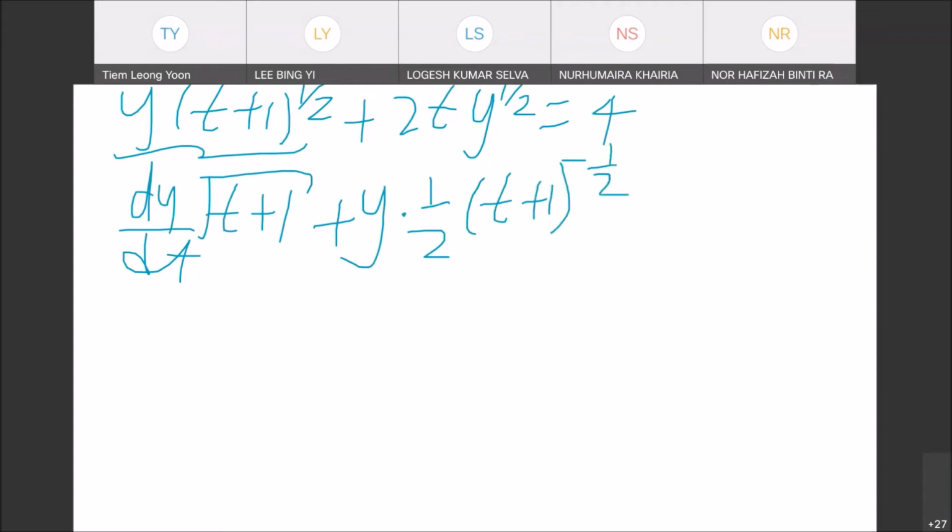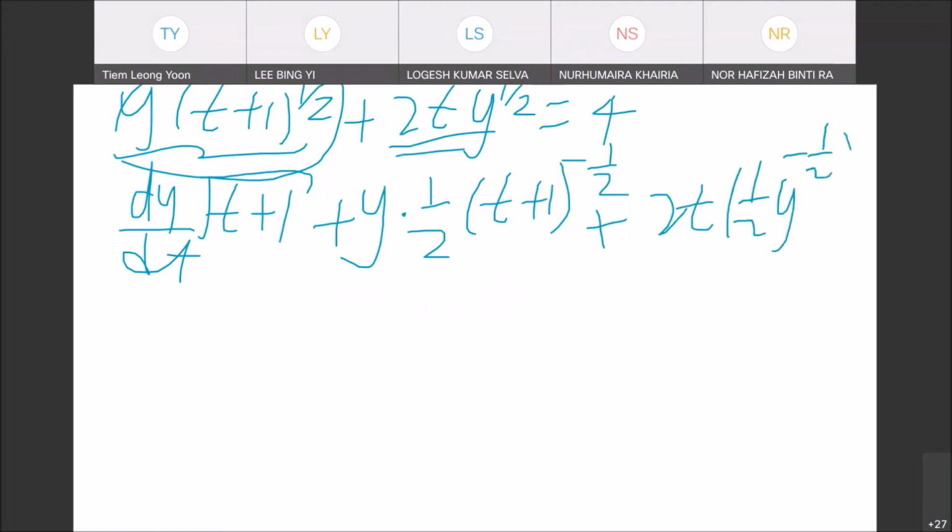I'm applying the chain rule to write down this expression: the first term is for this factor, plus this term for the derivative of the other. Then I write down the expression for the other term: 2t, and then take the derivative of the square root of y, which is half of y to the minus half.